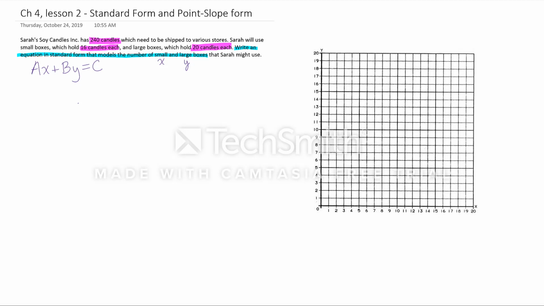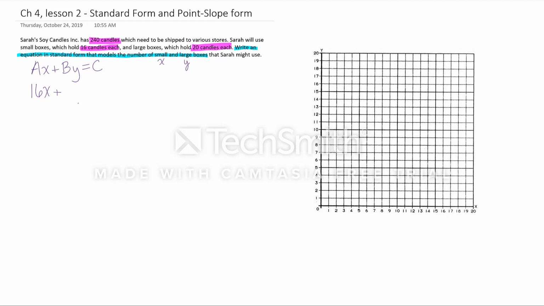So if we know that x represents the number of small boxes we're going to use and that each one holds 16 candles, then we can represent the total number of candles that are put into small boxes by using the coefficient 16 and the variable x as our first term. And then we're going to add to that the total number of candles that are packed into large boxes.